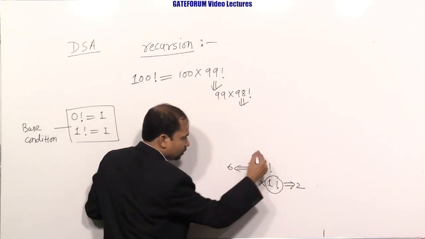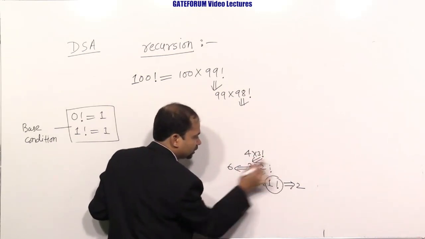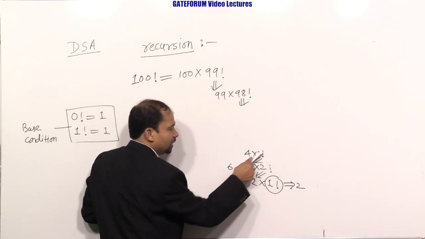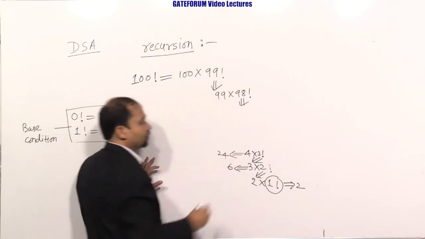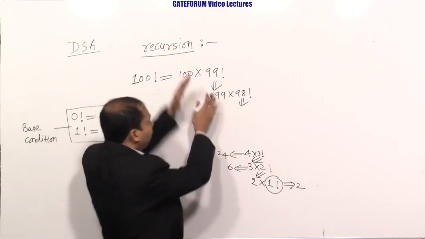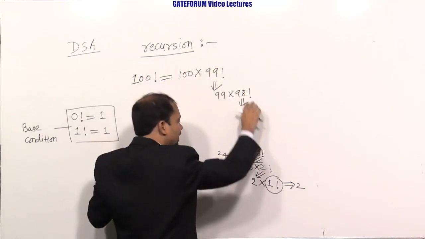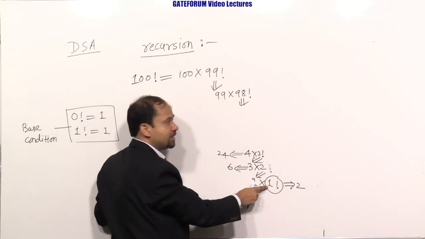Now this is the call of 4 into 3 factorial. So 3 factorial is 3 into 2 factorial, that is 6. With this multiply 4, it is 24, which is the value of 4 factorial. So first 100 is calling 99, 99 is calling 98, and this way decomposition continues till we reach the base case.